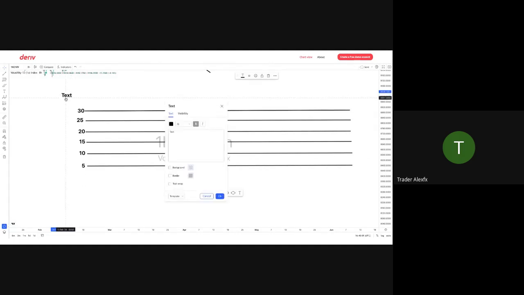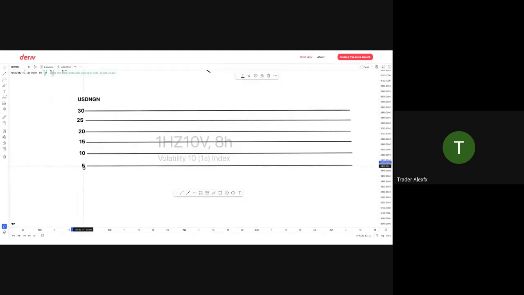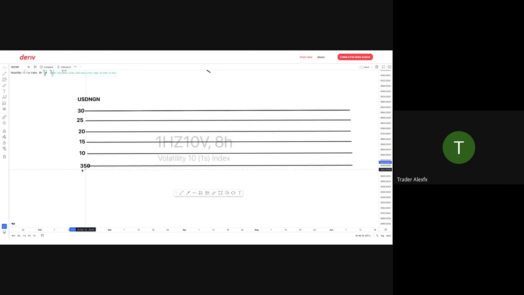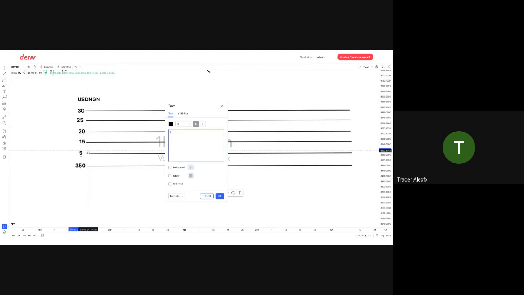Let's say this is the chart of USD against NGN. This is 350, then 500.